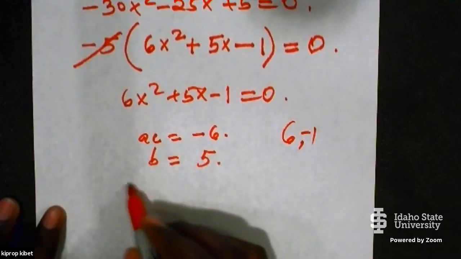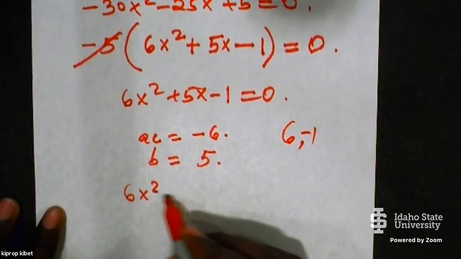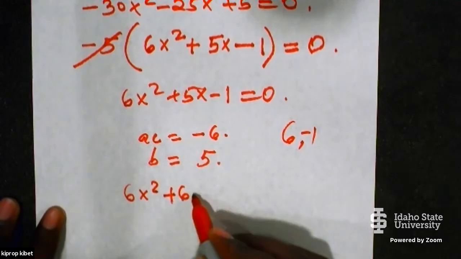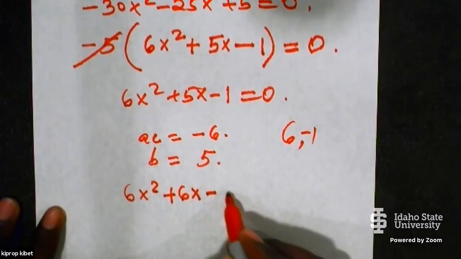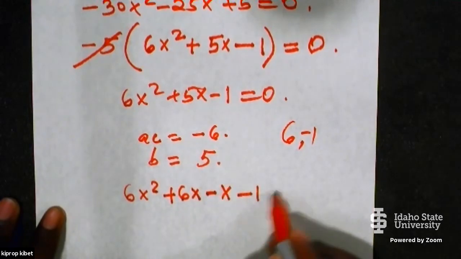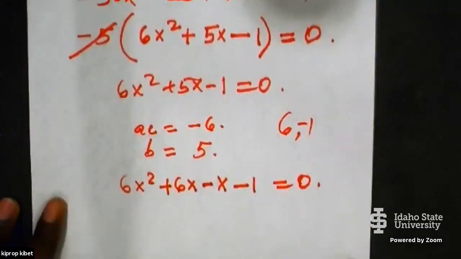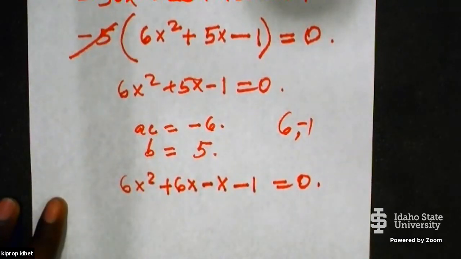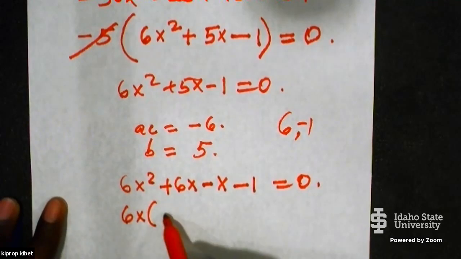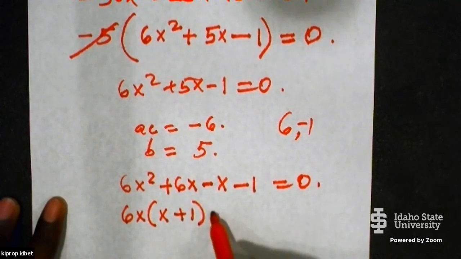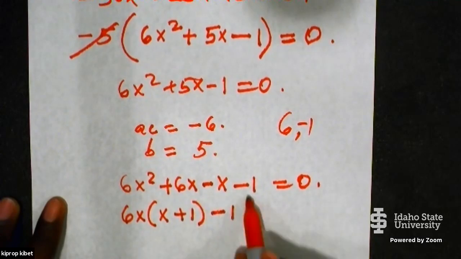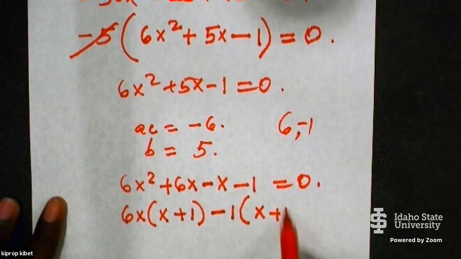So now it will be 6x squared minus 6 plus 6x minus x minus 1 equals to 0. So you factor out 6x. So what do you get? X plus 1. You factor out minus 1. X plus 1 equals to 0.